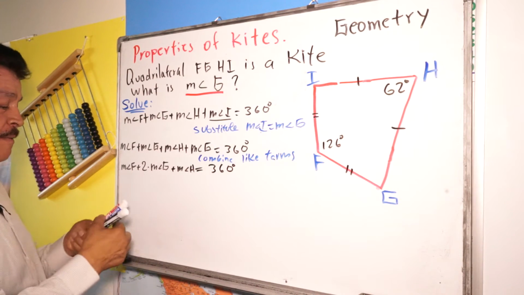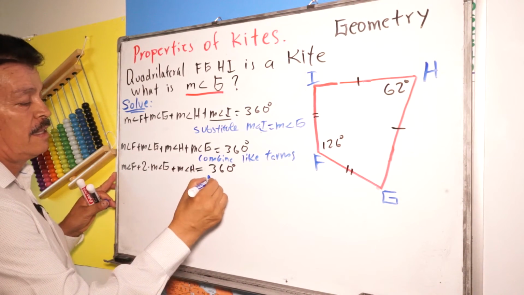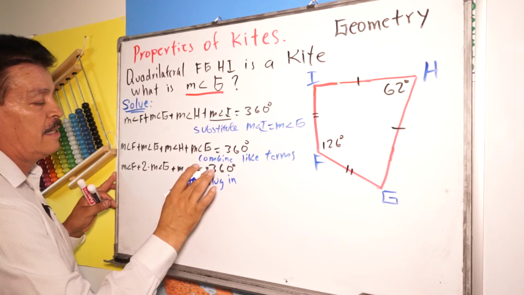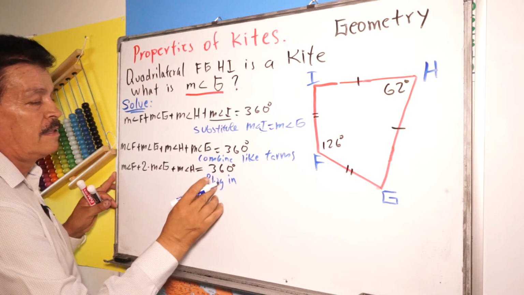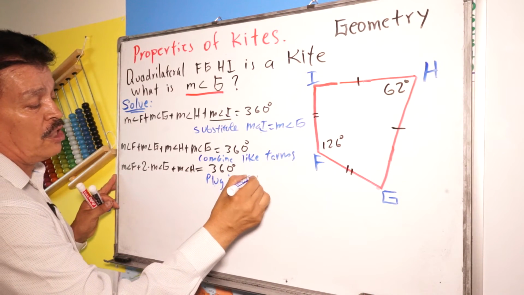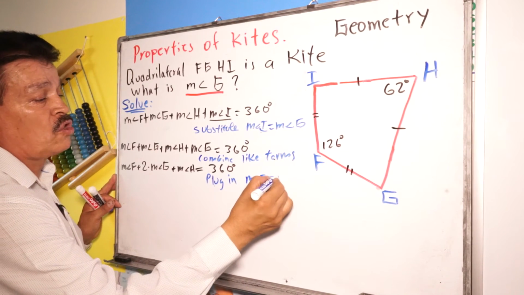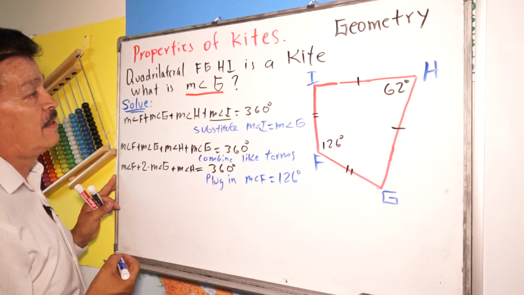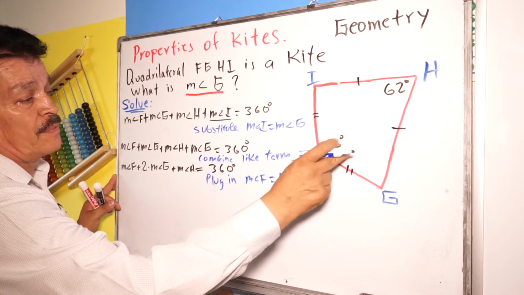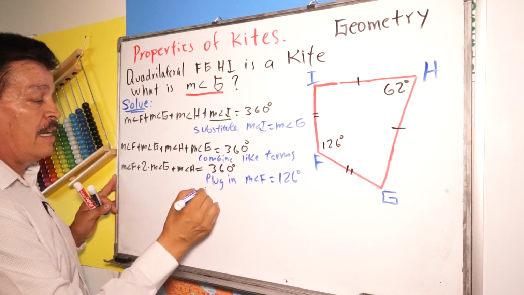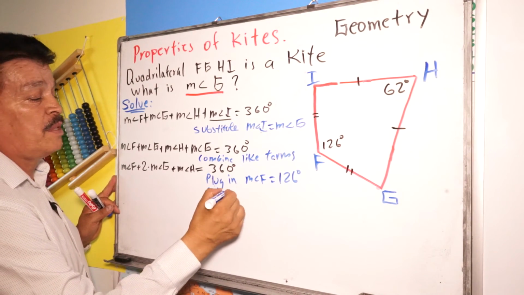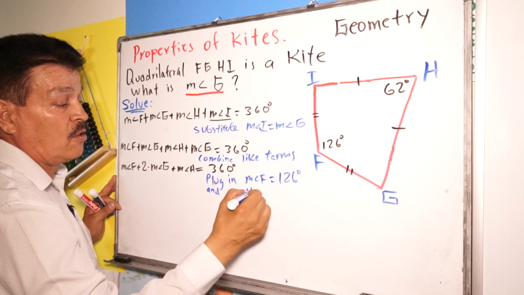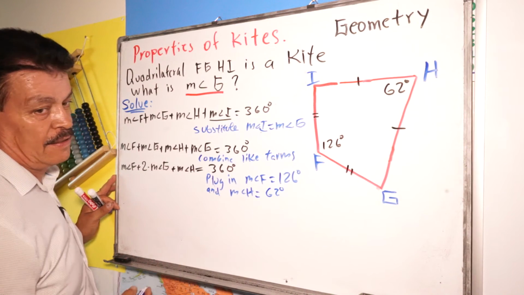In this case, plug it in: the measure of angle F equals 126 degrees, and the measure of angle H equals 62 degrees.